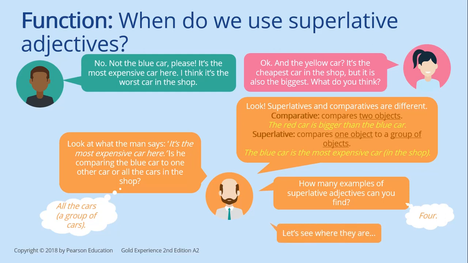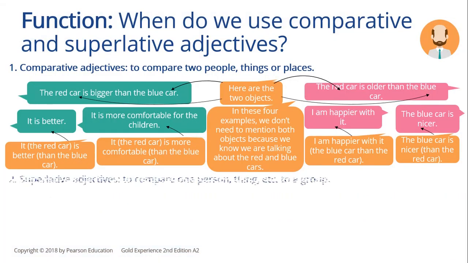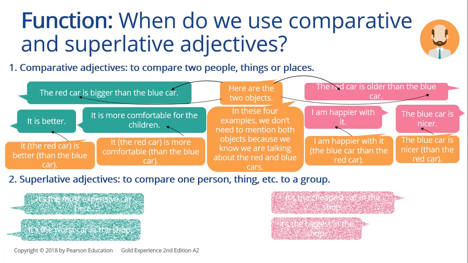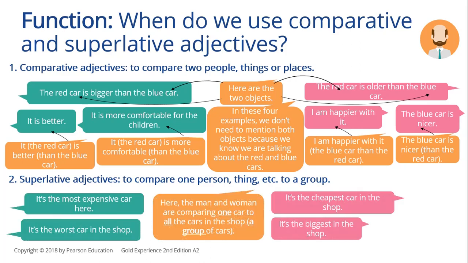Let's have one more look at them. We use superlative adjectives to compare one person, thing, etc. to a group. Here the man and woman are comparing one car to all the cars in the shop, to a group of cars.